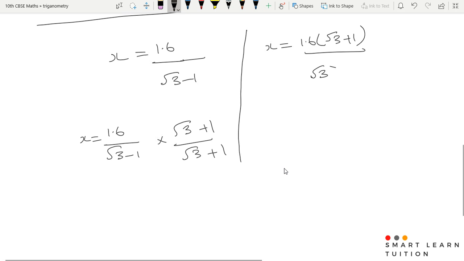So the denominator is root 3 whole square minus 1 whole square.